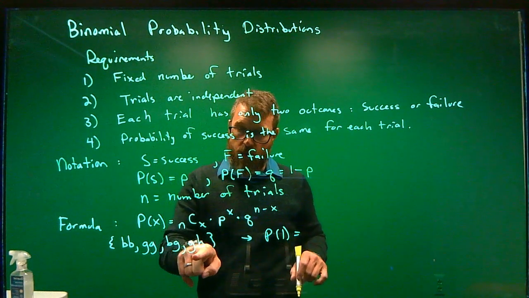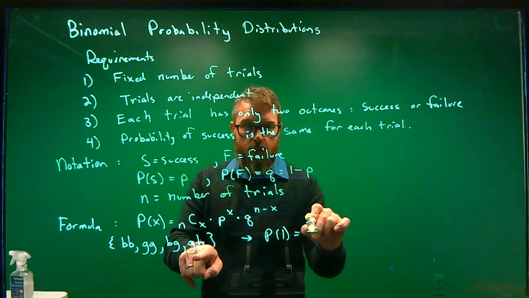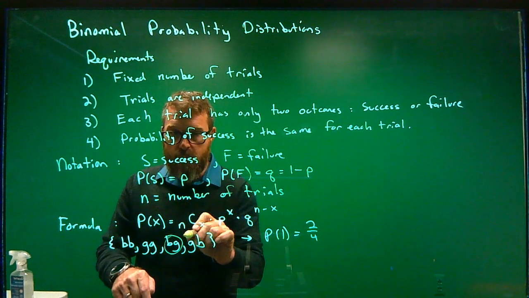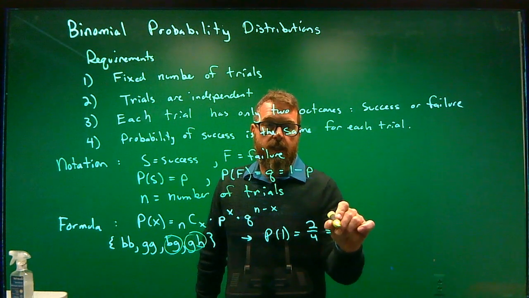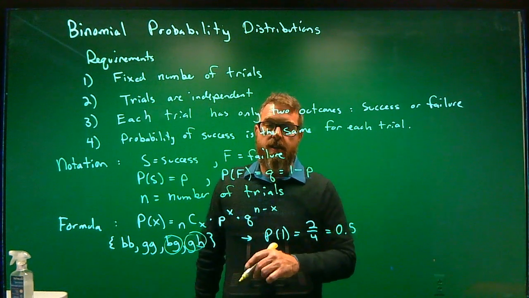This is 1 girl, and this is 1 girl. So this is going to be 2 out of 4 times. These two outcomes will give you 1 girl, so there's a 50% chance of getting 1 girl.